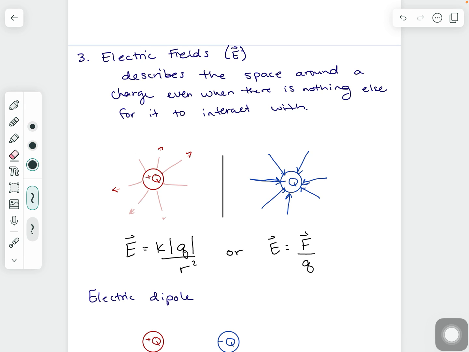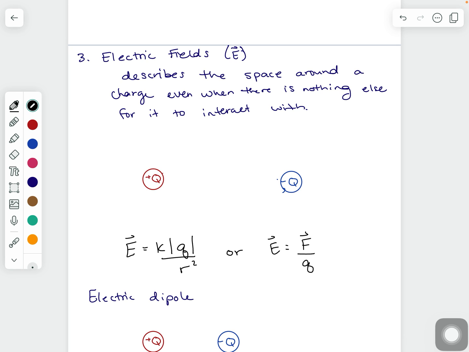Let's take a look at this. I'm going to take away the field lines. If I were to take away the barrier here, these two would exert an electric force on one another.